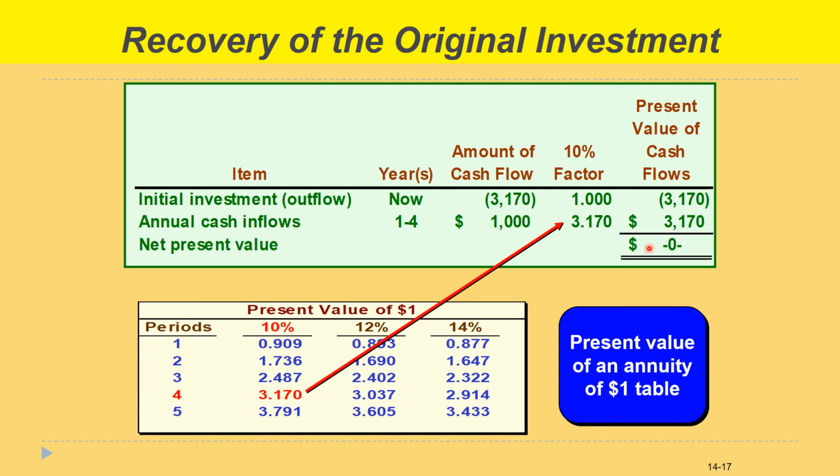We'll get that. 3.17, we can look it up here. It must be equal to this figure here. If it's less, then it's a no deal.